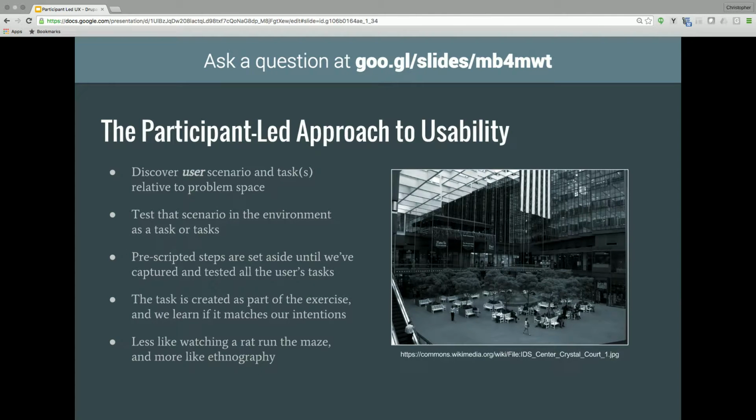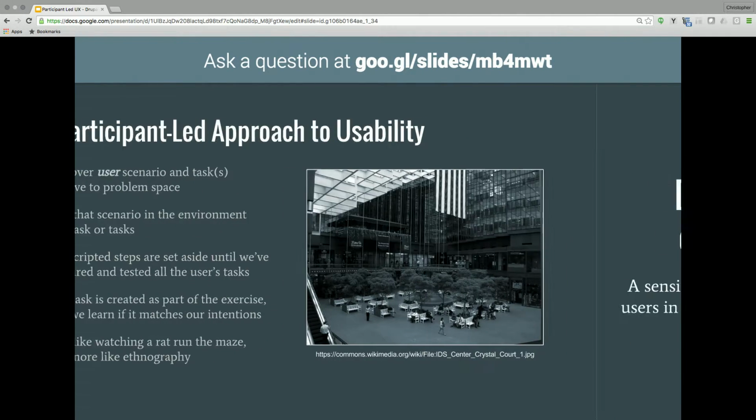Which is interesting because that reveals a lot about whether what you thought the system was going to need to do is actually what your audience thinks that system ought to be able to do. So it's a bit less like watching a rat run the maze and more like an ethnographic exercise in that you're bringing people into an environment and asking them to bring their mental model to it. What is this? What is it supposed to do? How should it behave? Not, can you get this thing to do that thing? It's a different exercise in very many ways.